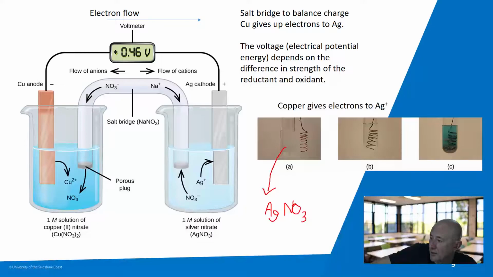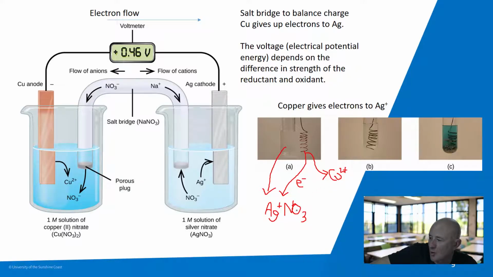Okay, there's my little wire of copper there, and then you put the copper in here and you start getting this blue solution here. So what's actually happening is, of course, this is Ag+. The copper's giving up electrons to that Ag+ there, like that. And of course, as the copper does that, it produces Cu2+, copper ion.